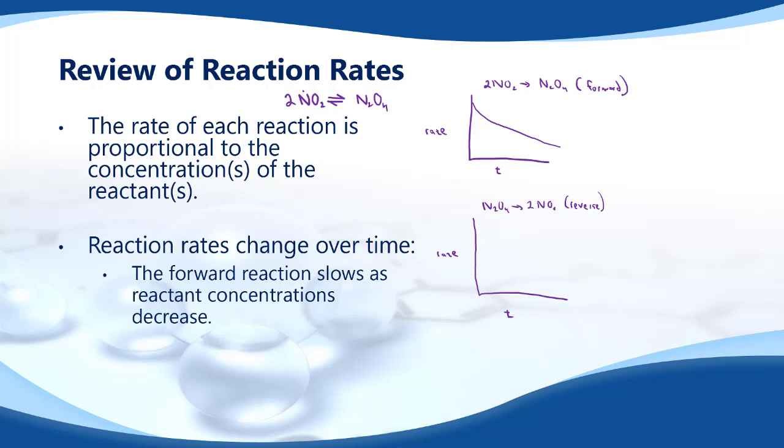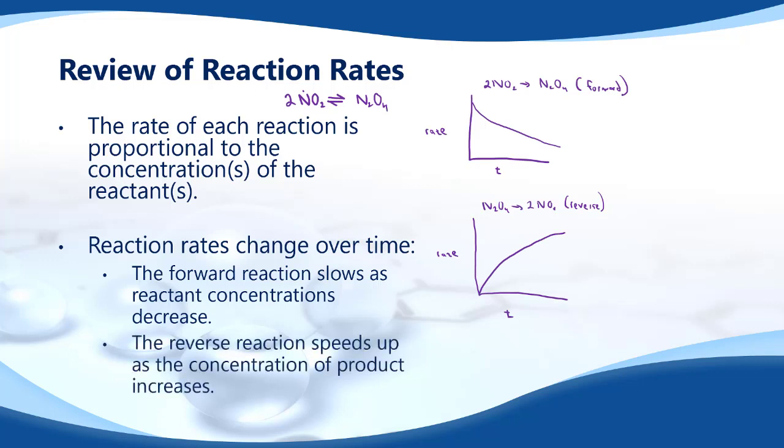We start with no product, so the reaction rate is going to gradually get faster and faster as we go along, as we form more and more product. So the reverse reaction will speed up because the concentration is getting bigger. Equilibrium is about the interplay between the rates of the forward and reverse reactions.